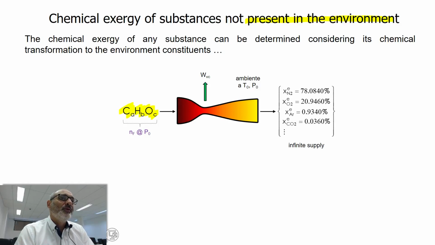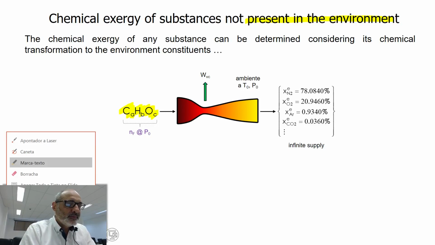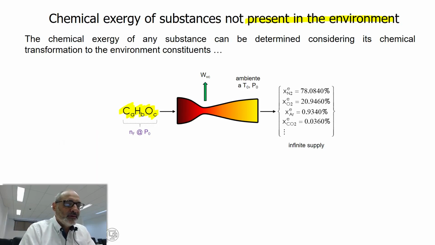Because this represents almost any type of fuel that you use to generate energy for practical purposes. So gasoline, kerosene can be modeled like this: a generic molecule. So I have small a atoms of carbon, small b atoms of hydrogen, and small c atoms of oxygen. This is my generic substance.